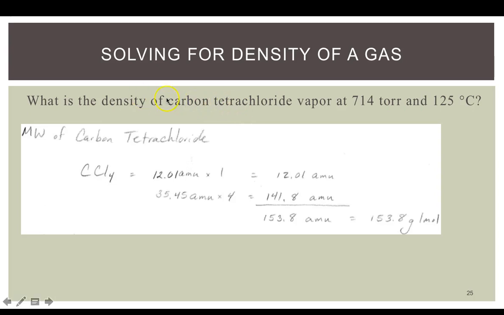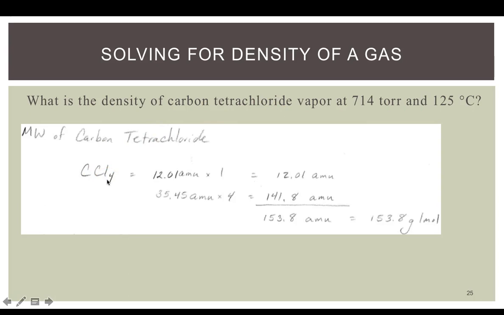There's no other prefix in front of carbon, so it's automatically assumed to be mono. If it's the first word, we omit mono. So that means we have one carbon. Tetra is 4. Chloride corresponds to the chlorine atom. So we have carbon tetrachloride, CCl4.